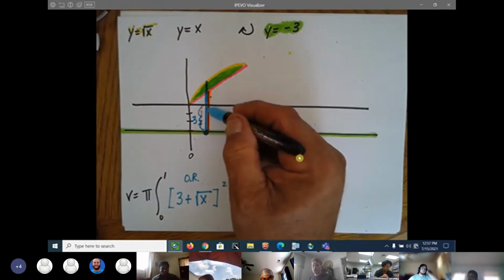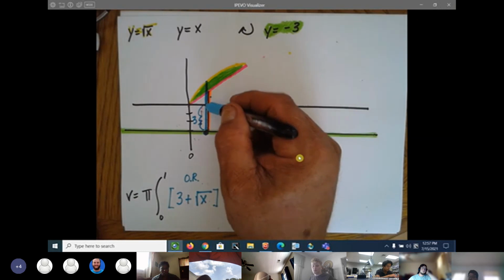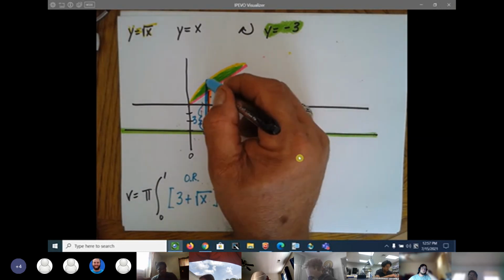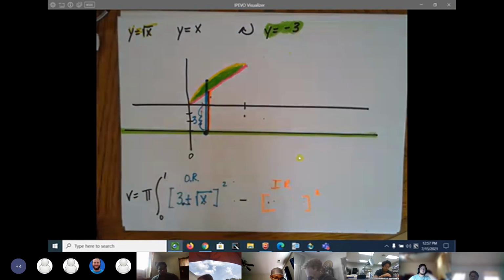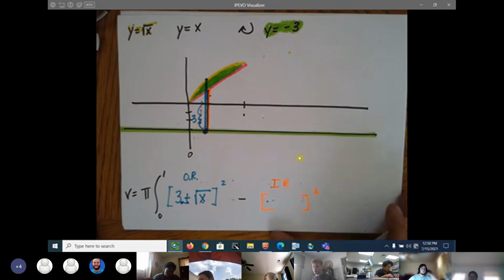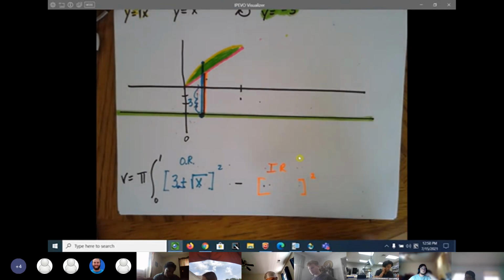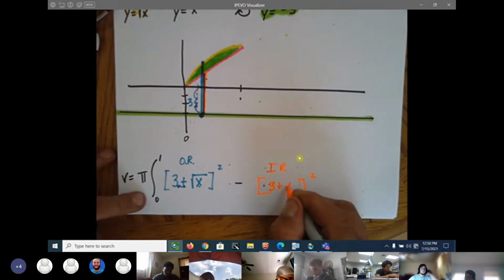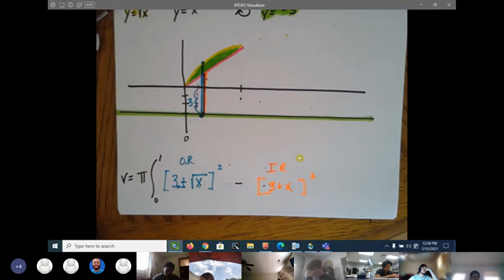You got to go 3 miles, plus you got to go with your directions. So that's why I said 3 plus the square root of x. Somebody tell me the inside radius. 3 plus x. And that is dx, and that's the setup.